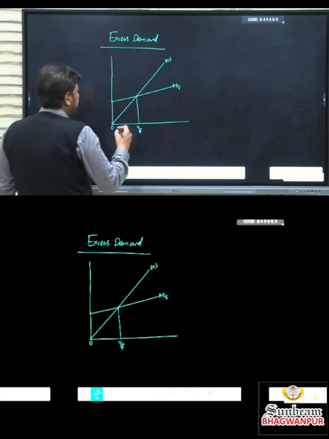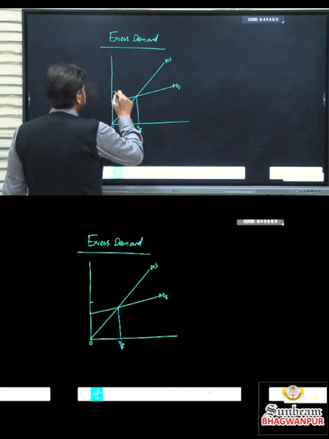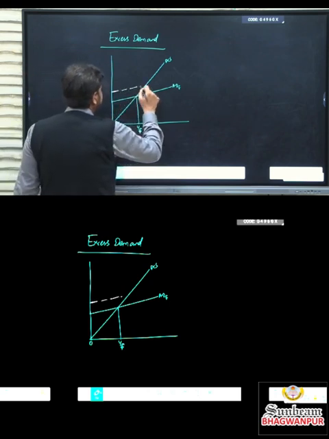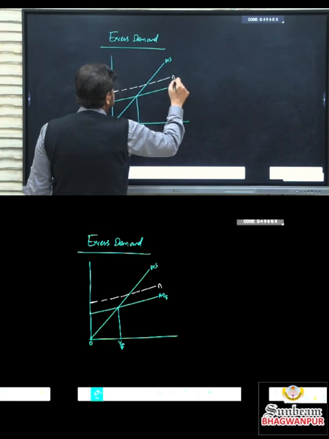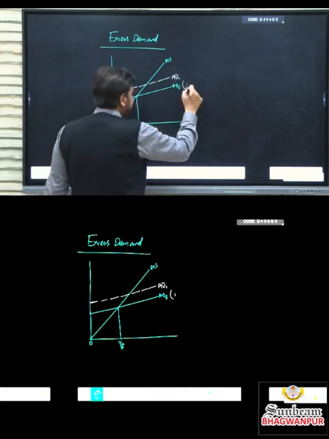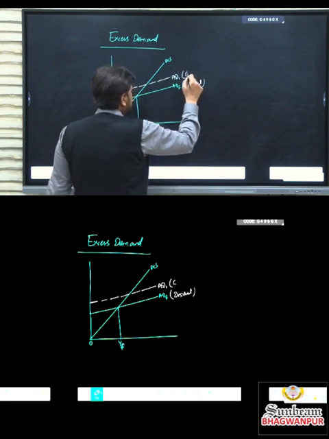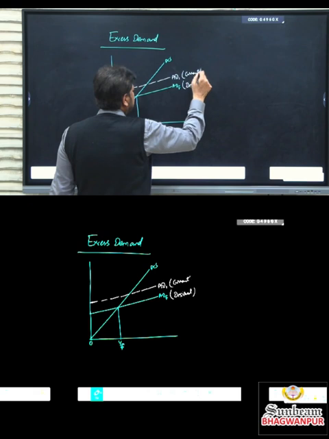So if the current aggregate demand is more than this desired AD, this is your desired AD, and this is your current AD, your actual AD.